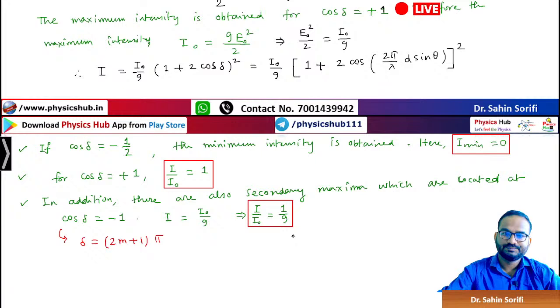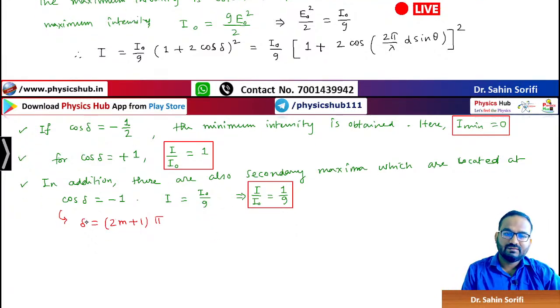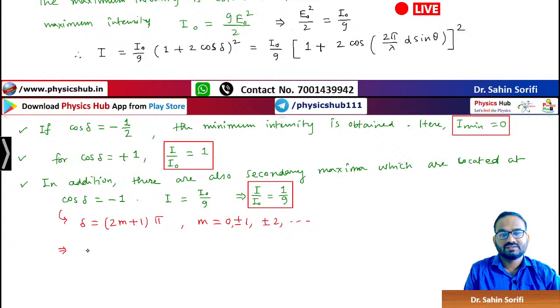We'll show you, because we are getting these conditions. So wherever delta value is like this, m may be 0, plus minus 1, plus minus 2 and so on. So what is delta? Delta is equal to 2 pi by lambda into d sin theta.